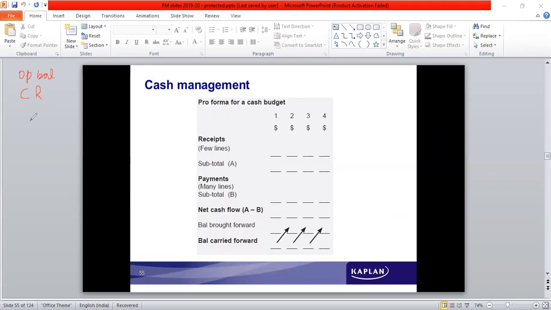Then they also would require cash amount for making their payments. So if we put cash receipts and cash payments, the difference between these two, if receipts are more than the payments, they would receive more cash than their payments. That is considered a surplus. Or the other way around, we call that a deficit, surplus or deficit.